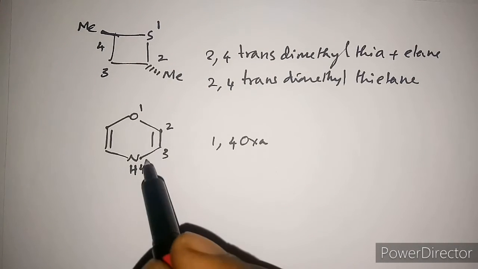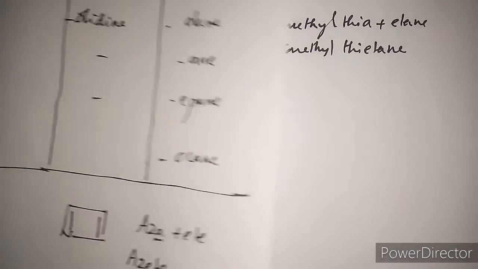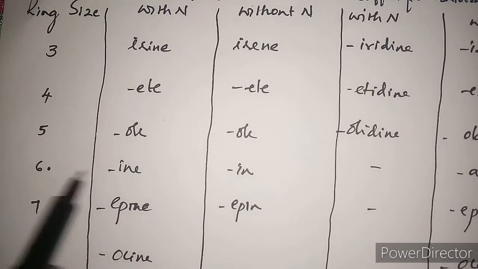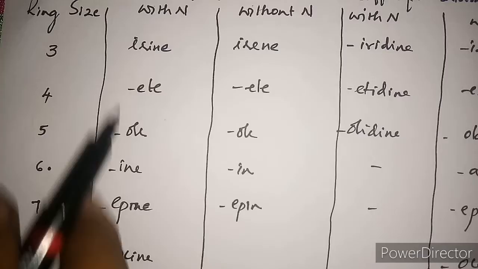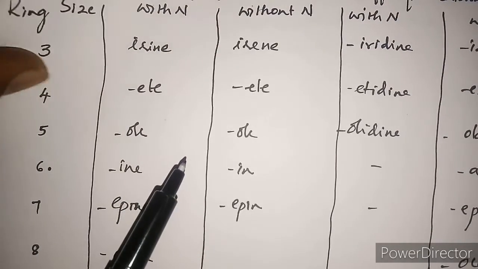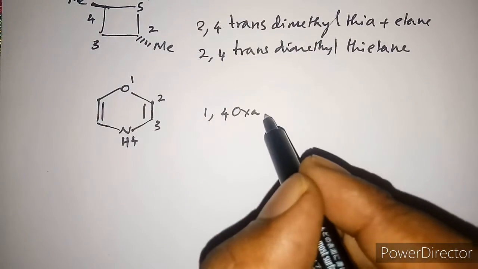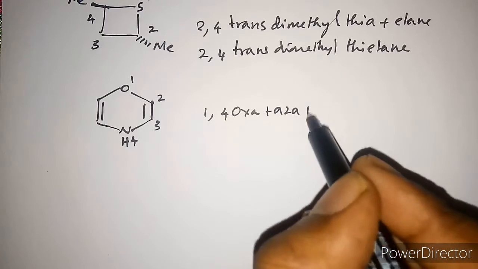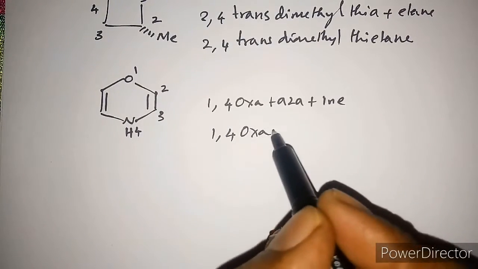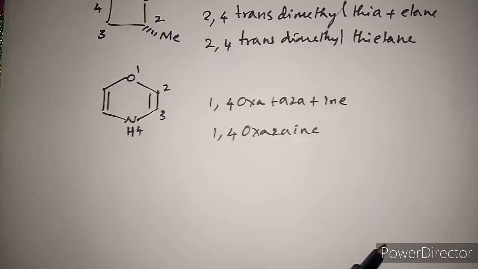This is a six-membered ring containing nitrogen, for the unsaturated system. Six-membered with nitrogen, unsaturated, is ine. So we use oxa plus aza plus ine: 1,4-oxazine.